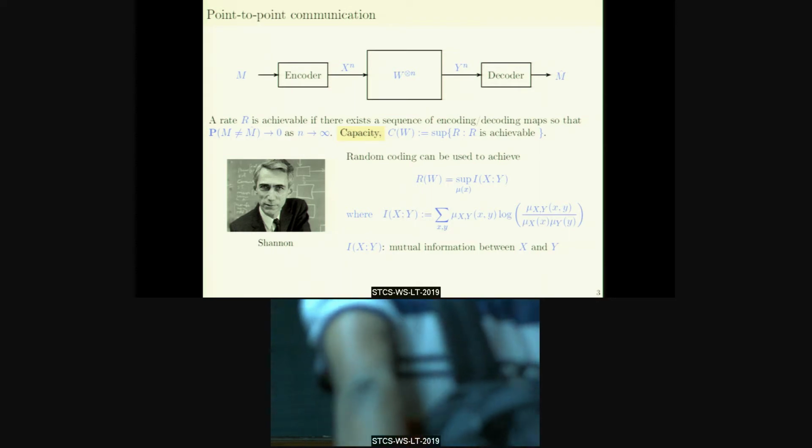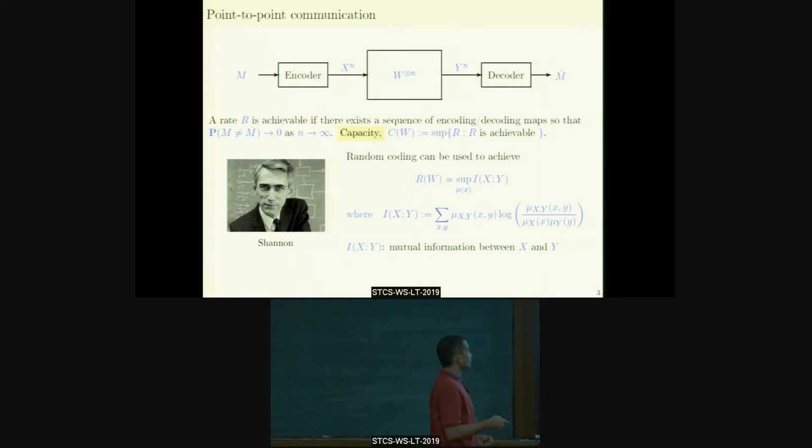If I give you the input distribution, and with the channel I know the joint distribution, so that defines a mutual information I(X;Y), which is just the expected log likelihood ratio between the joint and the product of marginals. And he said that I can achieve this rate. The next question is, is it the best you can achieve? Is R of W equal to C of W? And we all know that, yes, he showed in '48 that this is indeed the best you can achieve.